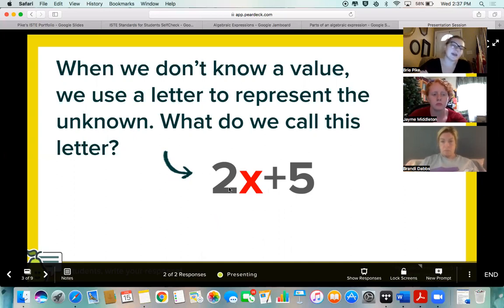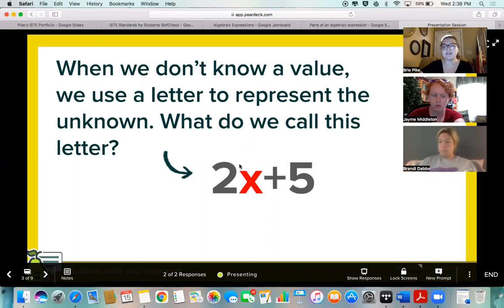And does it matter if I use an x? Could I put a B right here? Or an L? And would it mean the same thing? Maybe. So, right, I mean, you might not know that. Yes, you can use any letter.